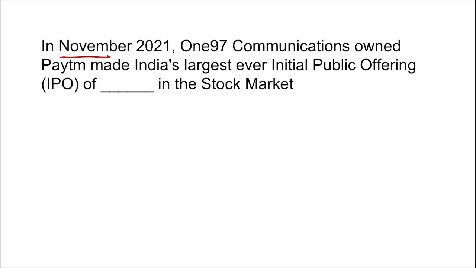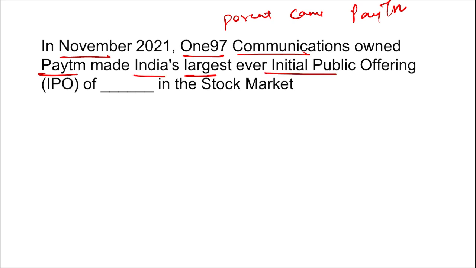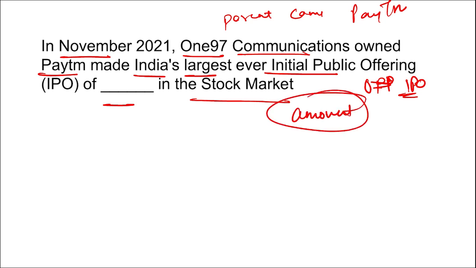In November, One97 Communications, this is the parent company of Paytm. Alright, One97 Communications, which owns Paytm, made India's largest ever initial public offering. This is known as IPO in the stock market. What was the amount asked here?